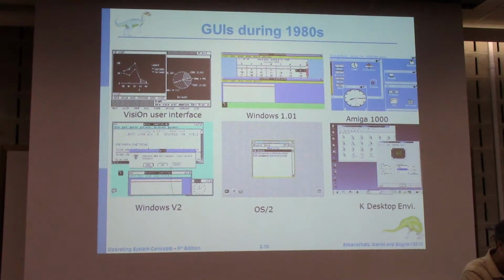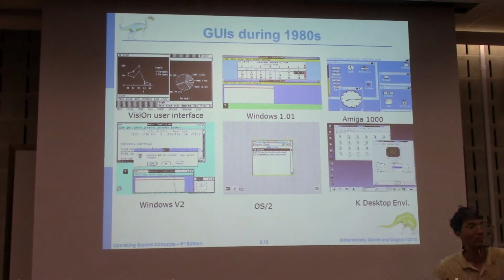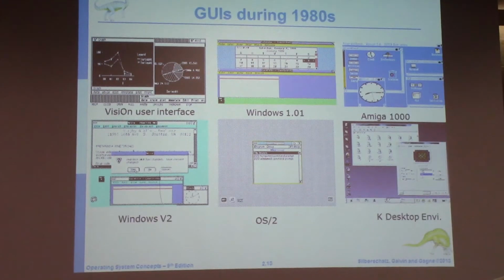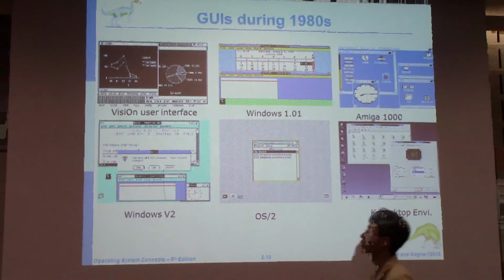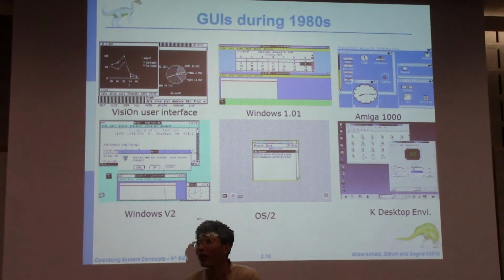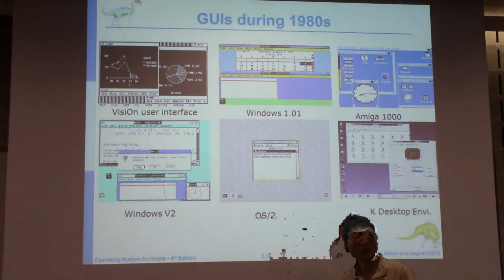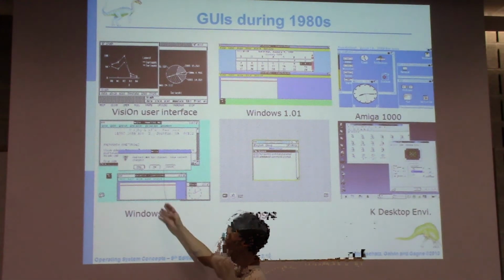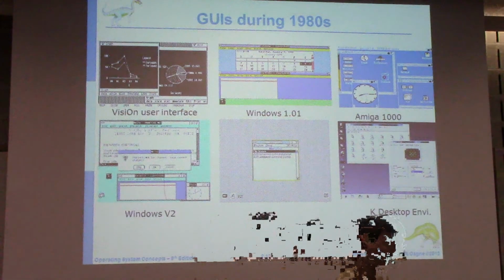Then during the 1980s, as the early stage of the personal computer, the graphical user interface has been developed a lot. Have you ever used Windows version 2? I never did. The first graphical user interface from Microsoft Windows, I think 3.1 for me.